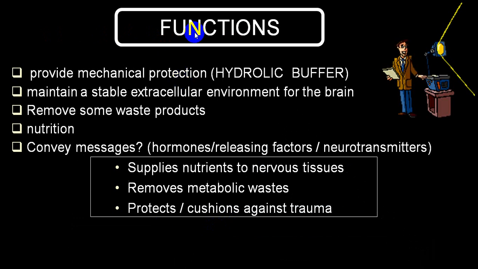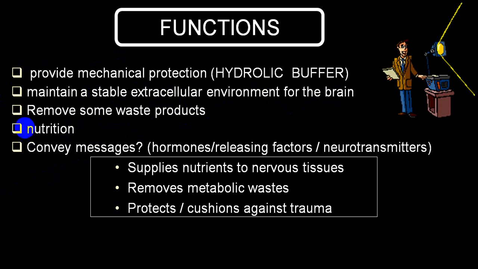The main function of cerebrospinal fluid is to provide mechanical protection, that is, hydraulic buffer action whenever we move our head, so the brain will not strike against bony structures. It maintains the stable extracellular environment of the brain. It helps in removing some of the waste products. It provides nutrition in the form of glucose and oxygen.